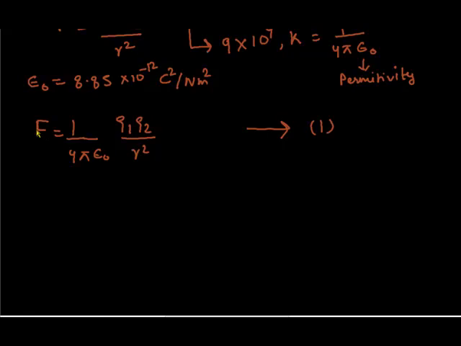Here you should note one point: the value of constant K depends on the choice of units of force F, distance r between the two charges, and charges Q, and also on the nature of the medium in which the charges are situated. From equation 1, we see that Coulomb's law for electrostatic force is analogous to the inverse square law force of gravitation.